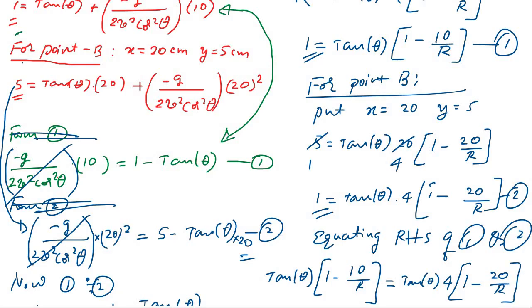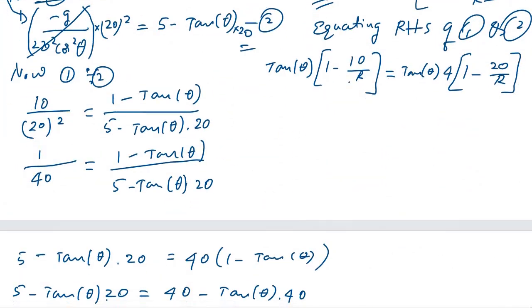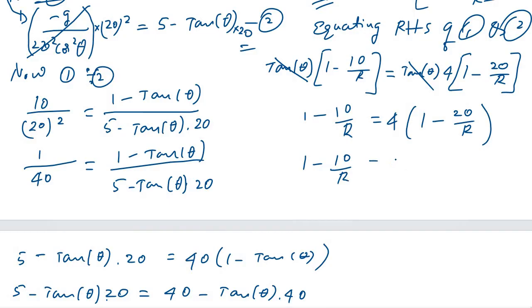Once we observe this, we can simply cancel the term tan theta. So we get 1 minus 10 divided by r equals 4 times 1 minus 20 divided by r. You can even solve this further. In your own way, this is 4 minus 80 divided by r.